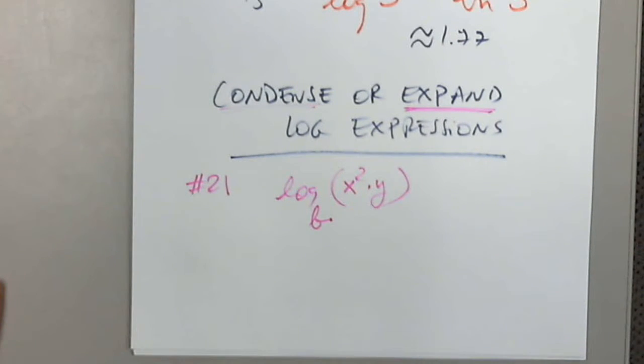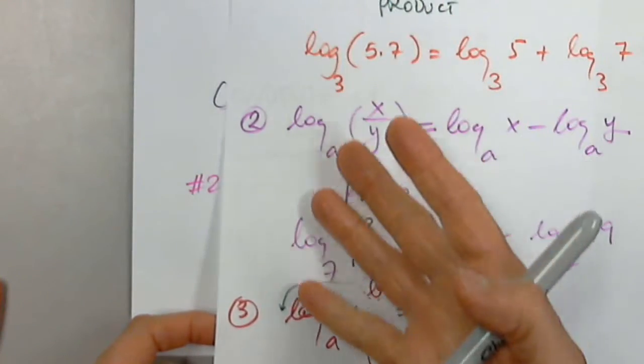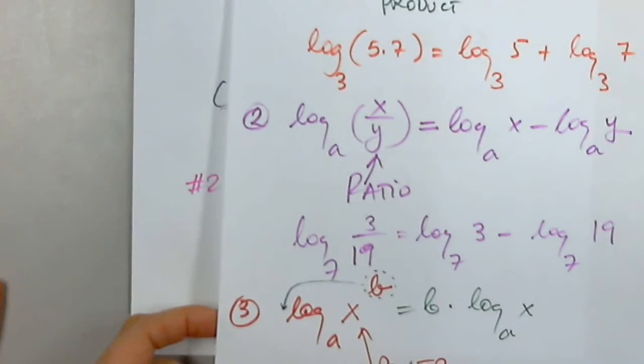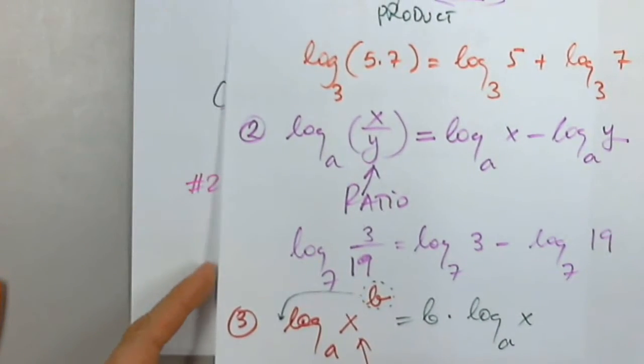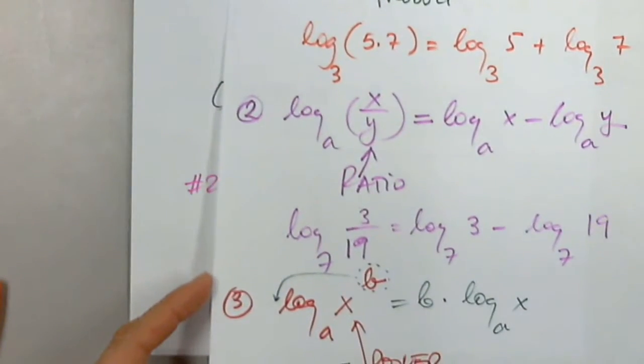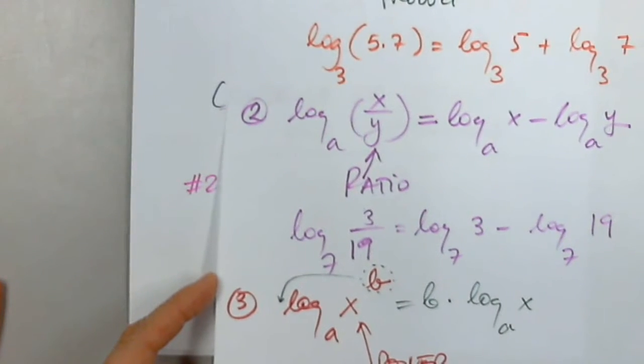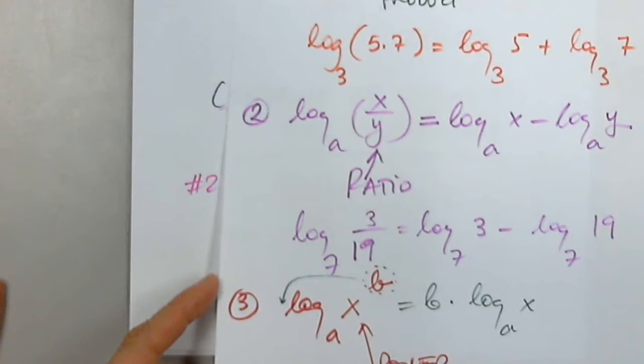The question is asking us to expand this expression into simple plain logs in which none of these properties can be further applied. If any of these 3 can be further applied, then it's not completely expanded.